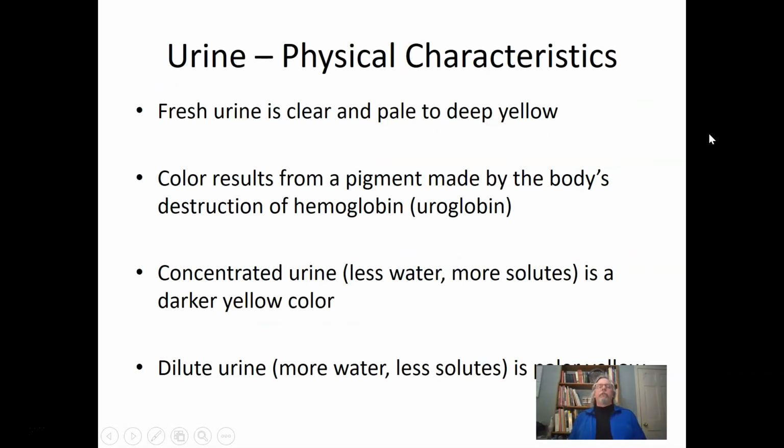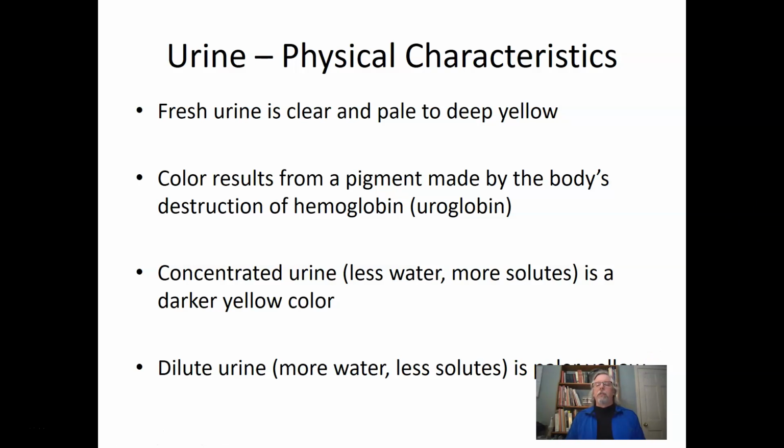A couple of slides to discuss urine in general, characteristics of urine. So general physical characteristics: fresh urine, freshly excreted from the body, is clear, but it can vary in the intensity of the yellow color.